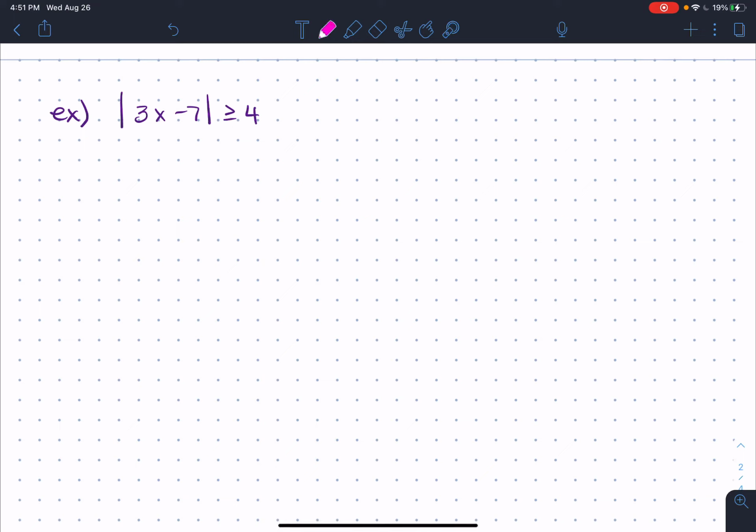So then we're going to actually create 2 different inequalities, just like we have above. This is a greater than sign, so this is greater. So it's an or problem. We're going to make it 2 separate inequalities with an or. We're going to do 3x minus 7 is greater than or equal to 4.